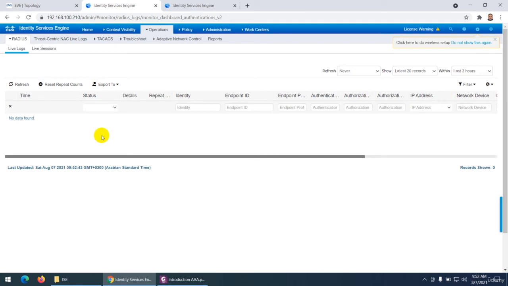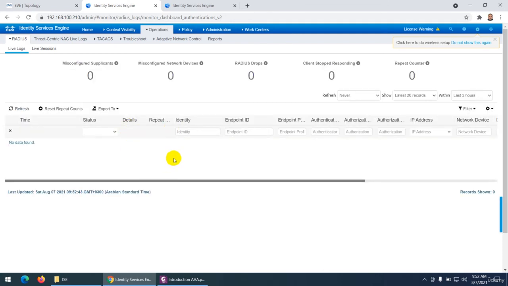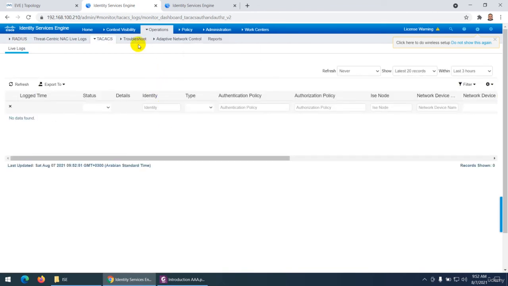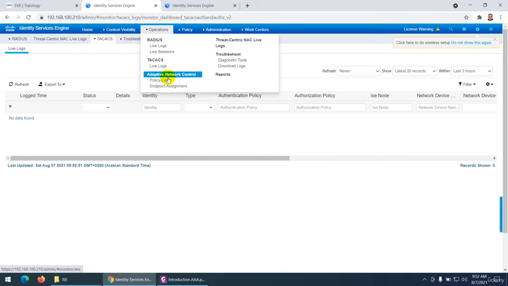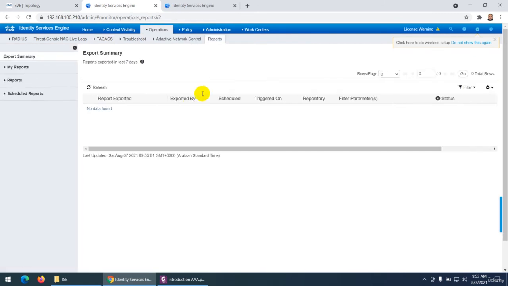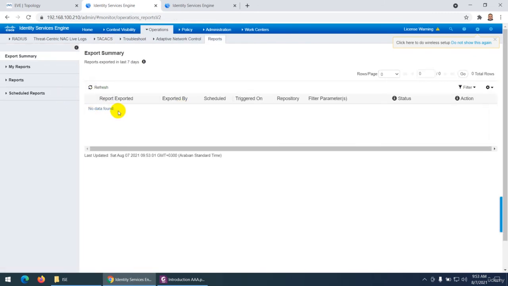You can find out the detail here. Right now we don't have. Then there is TACACS as well. If somebody logs into the device, there are logs. Also when you go to the report section, this is also coming under accounting.